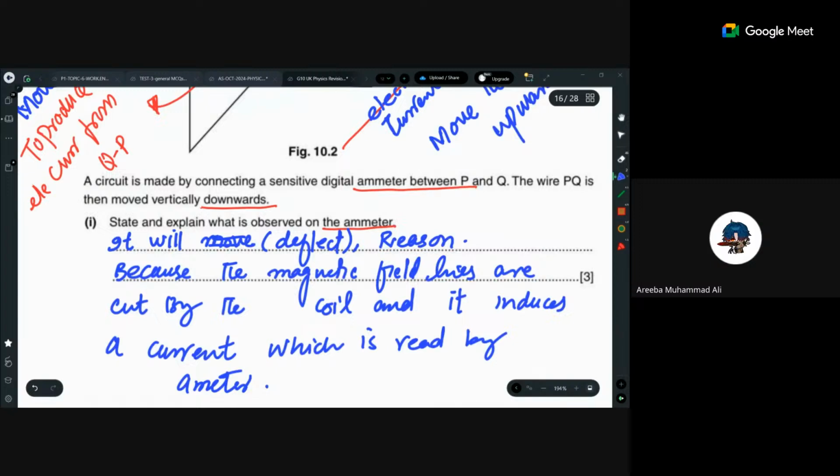For every induced current, you have to recall all of this. It will deflect because the magnetic field lines are cut by the coil, and it induces the current in the emitter, or in the load, in the resistor, in the bulb.